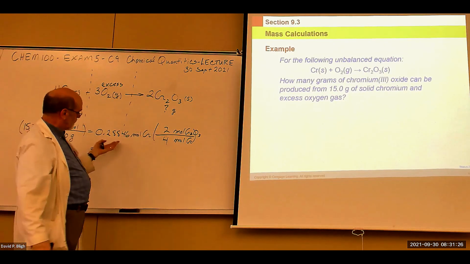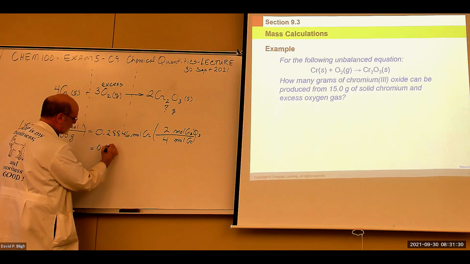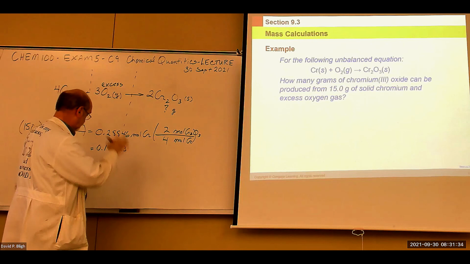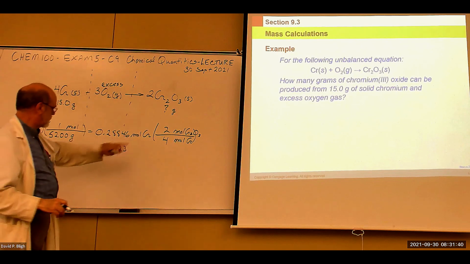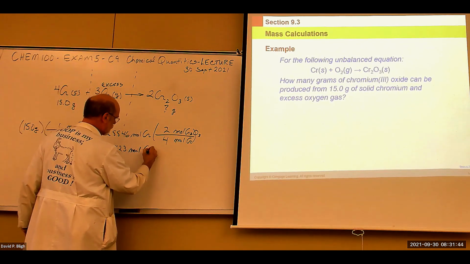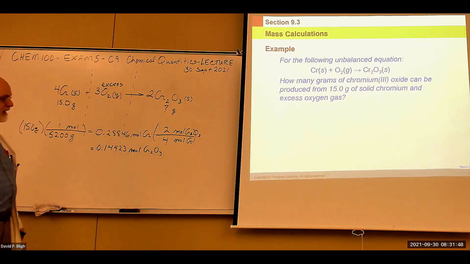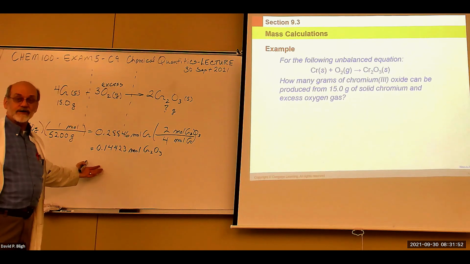So essentially, you're taking half of that number. 1, 4, 4, 2, 3. Check my numbers. 0.28846. Yeah. This is moles of chromium 3 oxide. Okay. Now, we know how many moles of chromium 3 oxide we get.